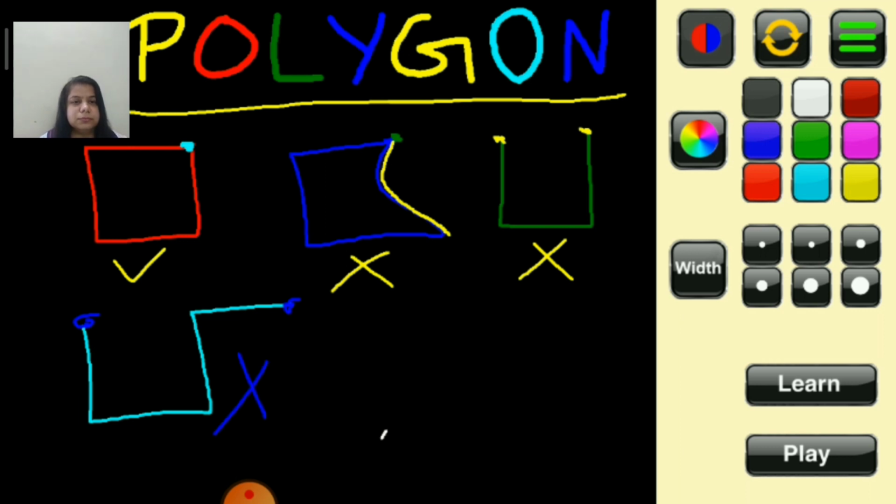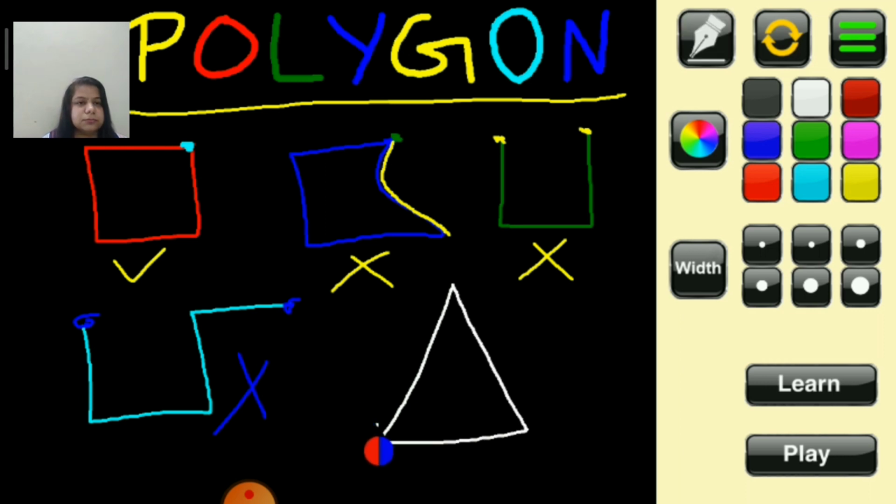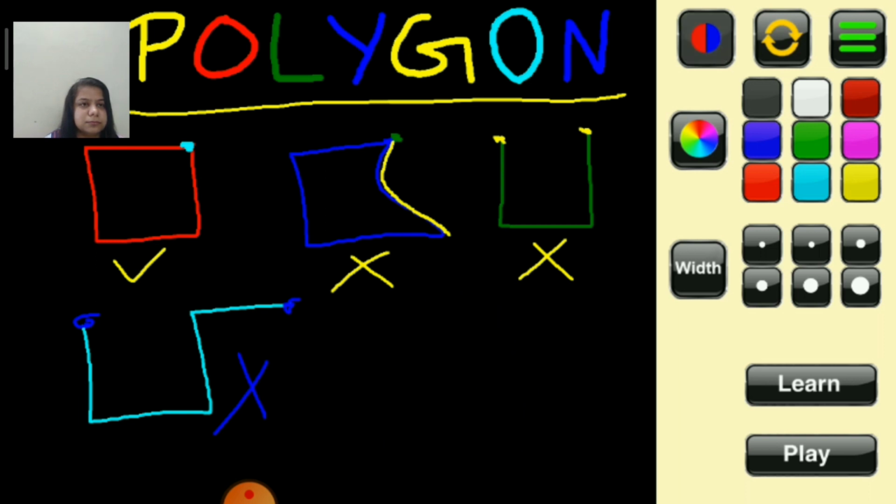Now next, if I draw it like this, is this a polygon? I'll draw it again. Now just check, is this a polygon? First of all, we need to check three points. It should be simple, closed, and entirely made up of line segments. Yes, this is simple because it does not cross itself.